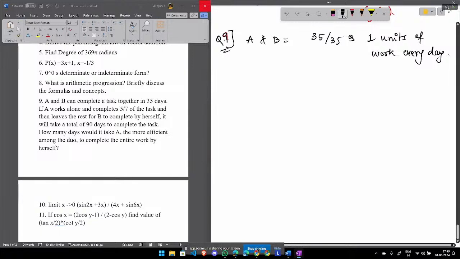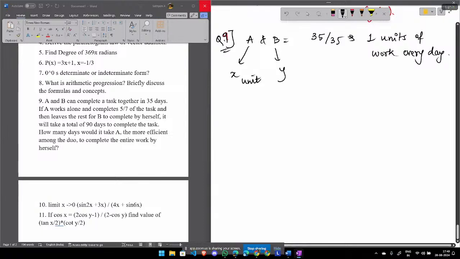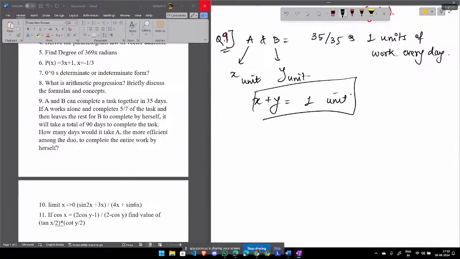Now, let the amount of work done by A all by herself in one day be x units, and B does y units. So what would happen? My x plus y is equal to 1 unit of work. The statement is clear to everyone, right? In one day, if A is working a certain amount and B is working a certain amount, and collectively they are working 1 unit, so x plus y would be 1 unit.